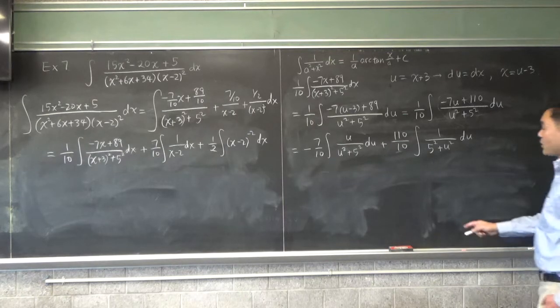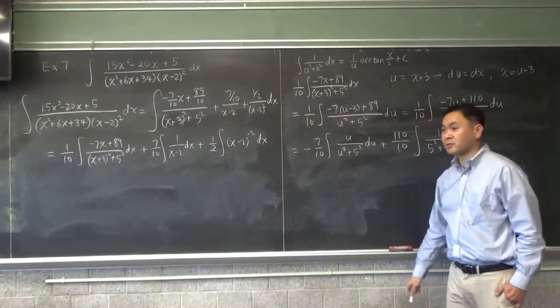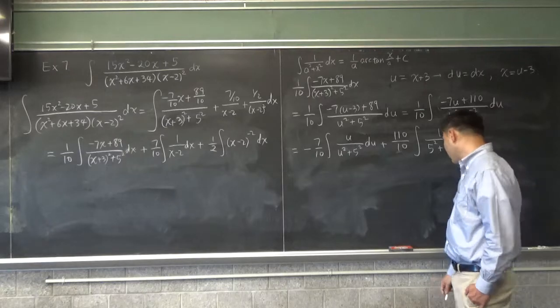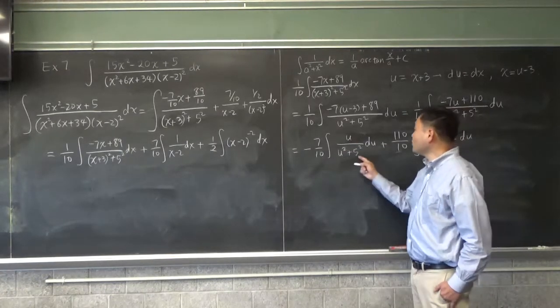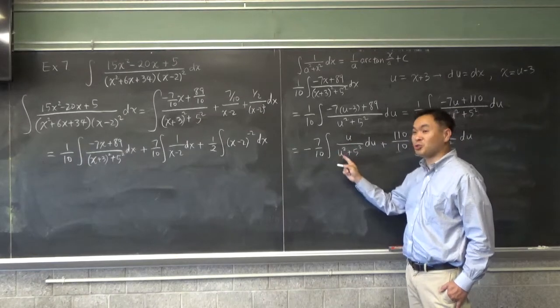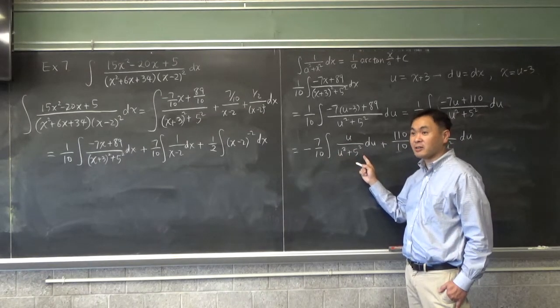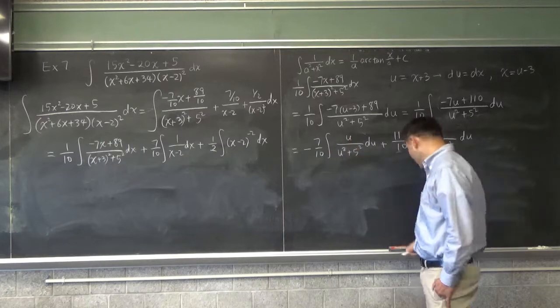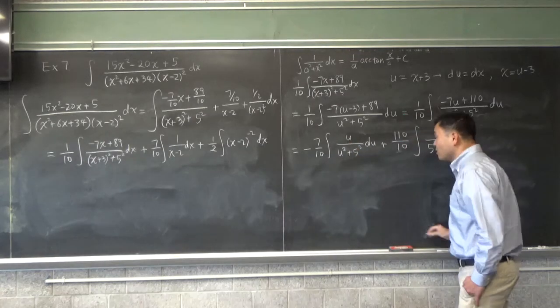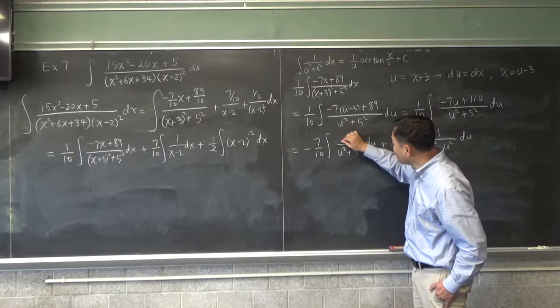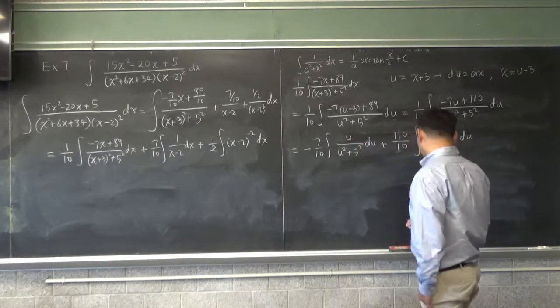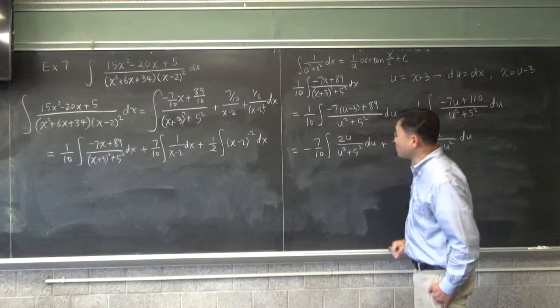All right, how do you integrate this first one? You need a 2 at the top. Why do you need a 2 on the top? Because if you differentiate the bottom, it's 2u plus 0, right? And if we had a 2 there, then it would be f prime over f, right? But you can't just put a 2 because you want it.